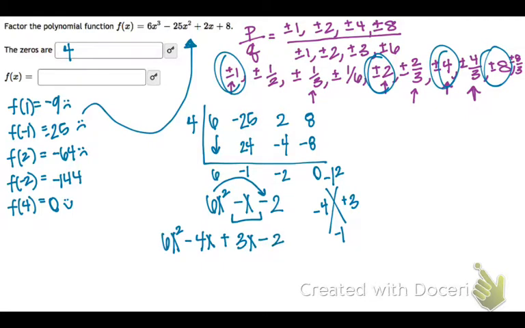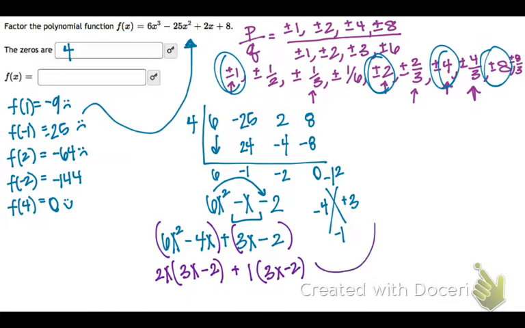Group these first two, group the second two. Between those first two, I can take out a 2x, and I'm left with 3x minus 2. Between these ones, I can't take out anything, so I'm just going to take out a 1, and I'm left with 3x minus 2. So the factors are 3x minus 2 and 2x plus 1.